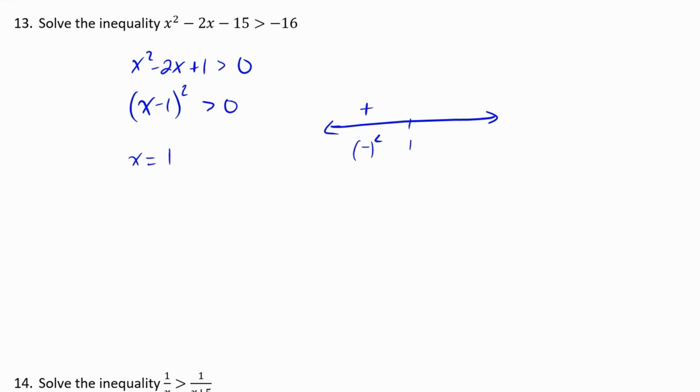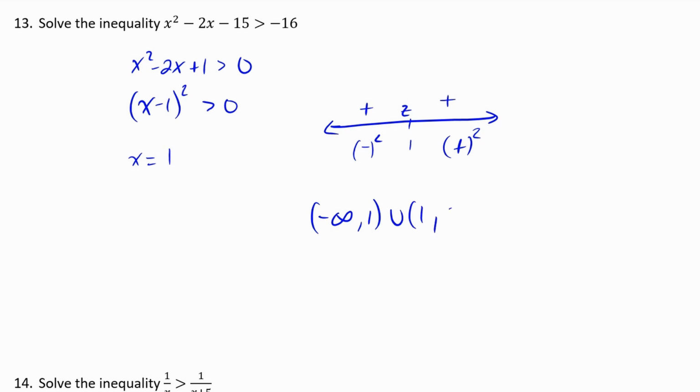And then on the right side of 1, I end up with like 100 minus 1, so that would be a positive squared. And if I square a positive, I end up with a positive value again. So where is this going to be greater than negative 16? Well, it seems like it's going to be greater everywhere. But right here at 1, it's equal to 0, so we're not going to include that. So we just need to include the positive parts. So negative infinity to 1.